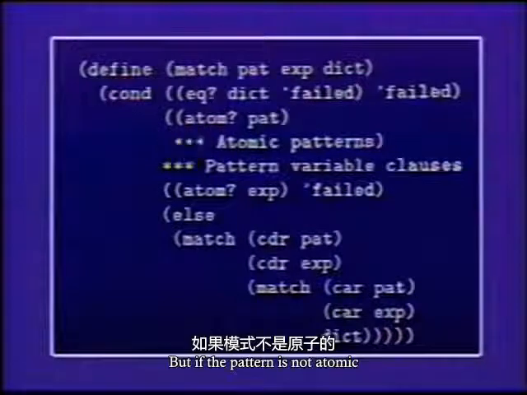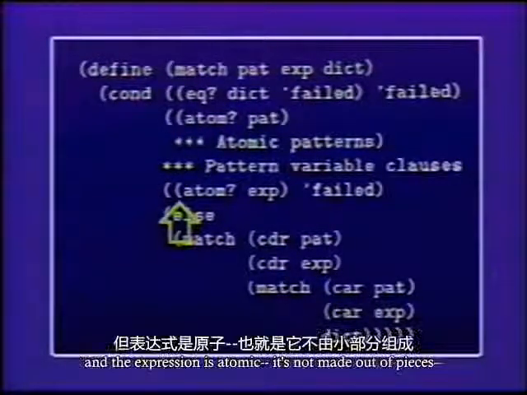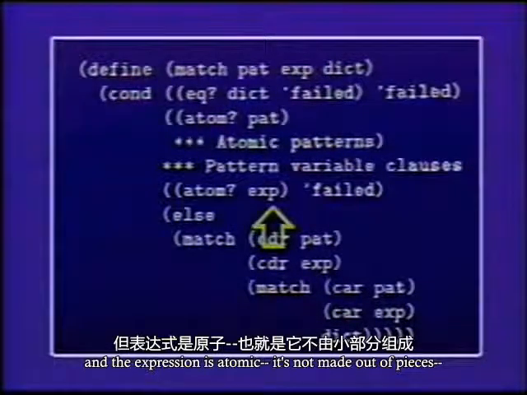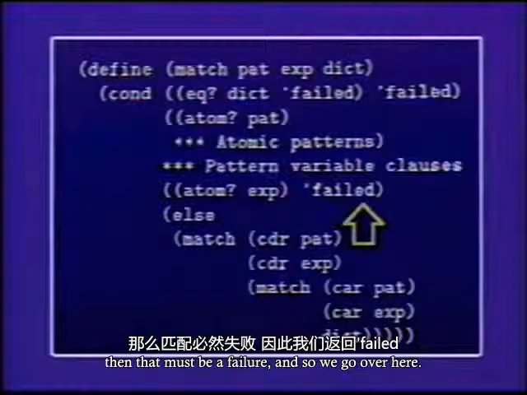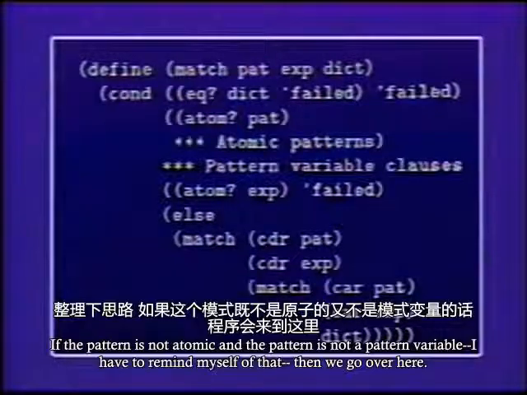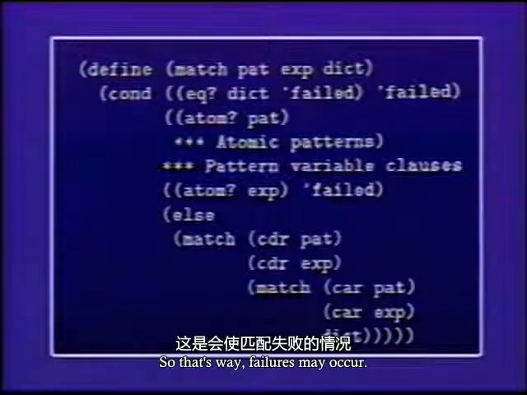But if the pattern is not atomic, and the expression is atomic, it's not made out of pieces, then that must be a failure. And so we go over here. If the pattern is not atomic and the pattern is not a pattern variable, I have to remind myself of that. Then we go over here. So that's ways failures may occur.